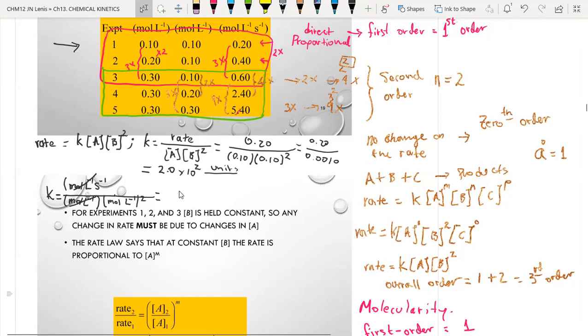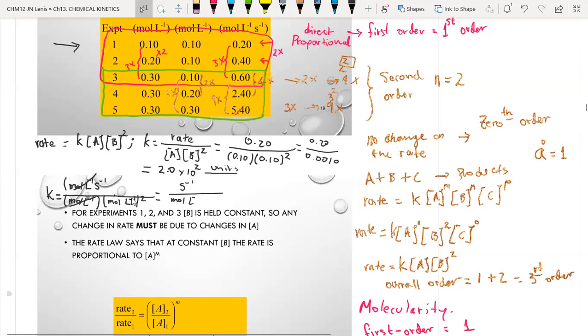We just simplify and we end up having seconds to the -1 over moles, liters, and we multiply.